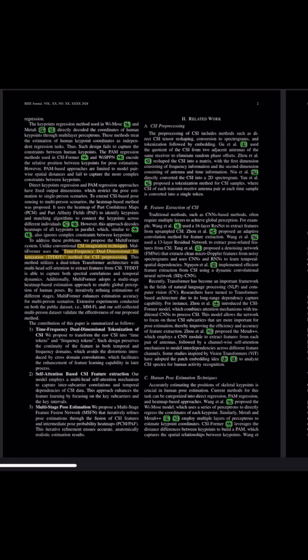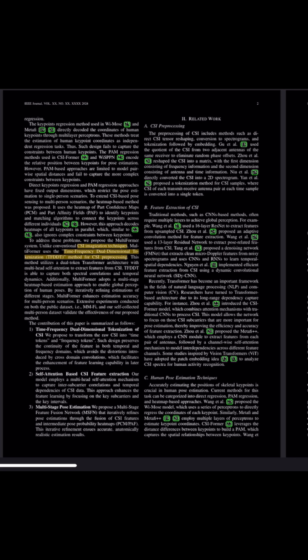So here the authors start to cover what they propose and what their main innovations are, which are three innovations. One is time-frequency dual-dimensional tokenization, TFDDT, to convert a raw CSI into sequences of frequency and temporal tokens, preserving structure along both axes.